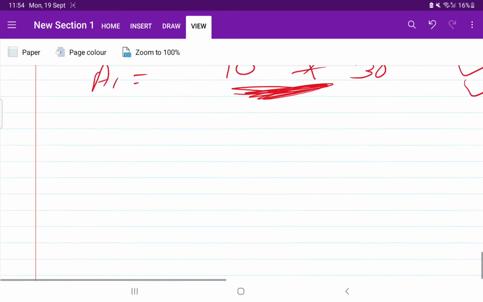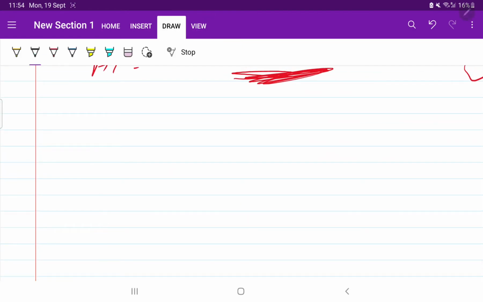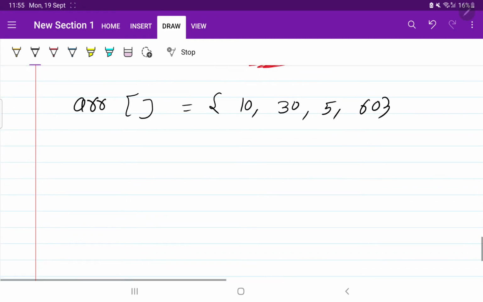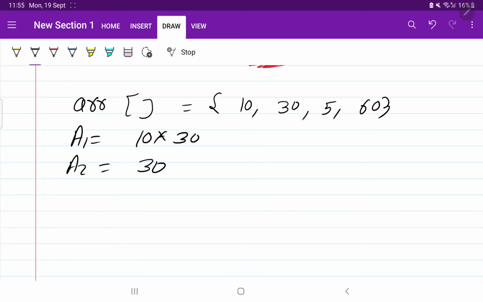Now let us do some more observations. An array is given to us with some elements. What are the elements? 10, 30, 5 and 60. I told you that a1 is 10 into 30, a2 is 30 into 5, a3 is going to be 5 into 60.